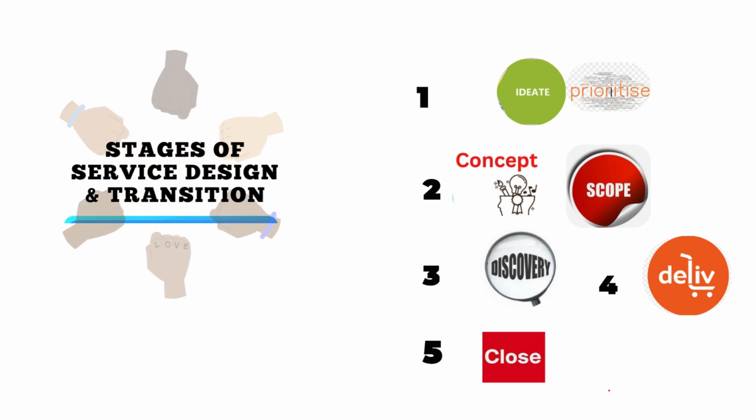The third stage will be discover. You try and discover what you need to deliver, how you would do it, and how the impacted business service would be supported by existing organization capability. That will be in the discovery phase, and then you deliver those capabilities, the design document, the framework that you will design.